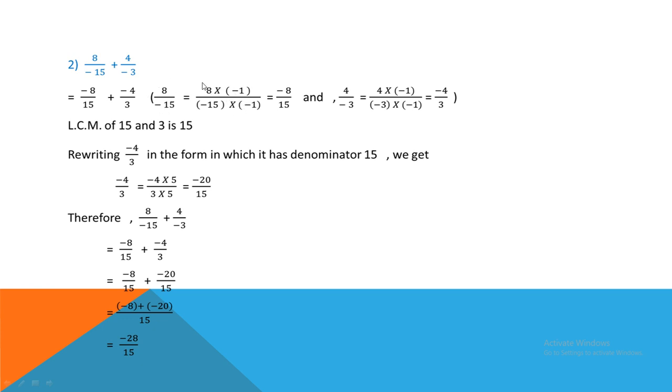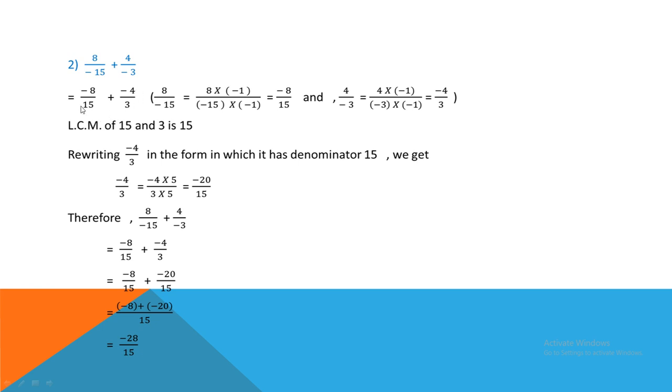So we multiply with minus 1 to get minus 8 upon 15. Same way we multiply this numerator and denominator with minus 1 to get minus 4 upon 3. So first we change our denominators to positive.